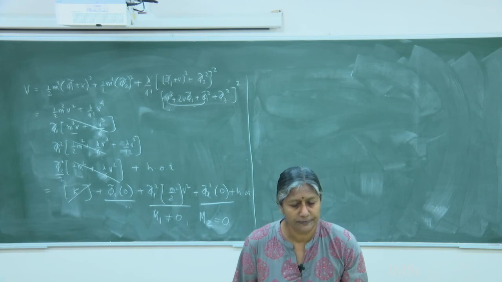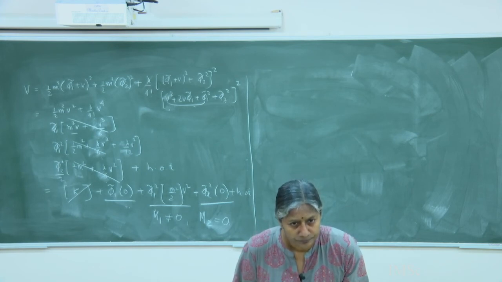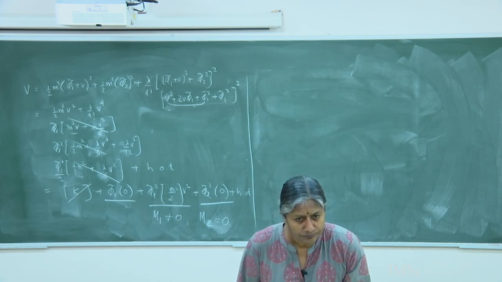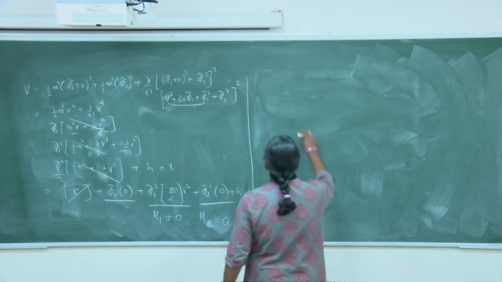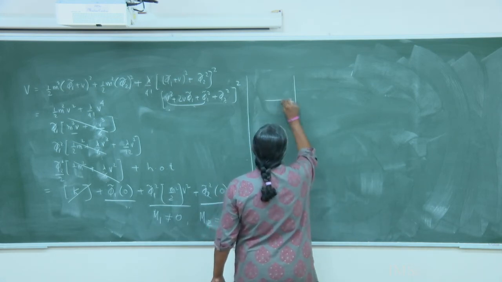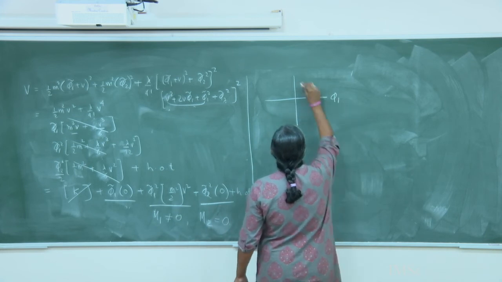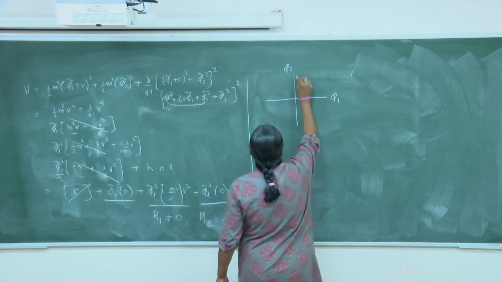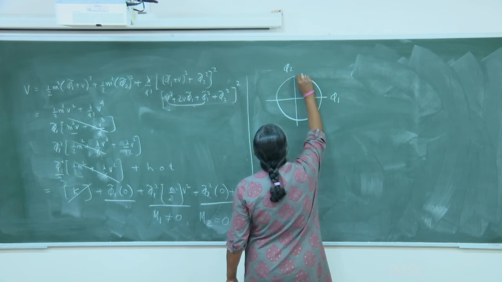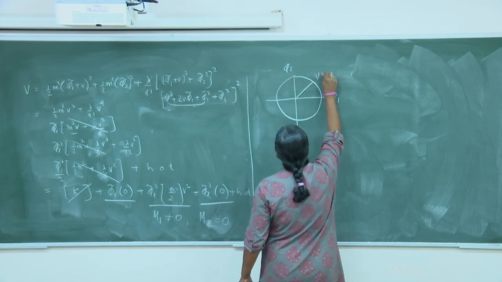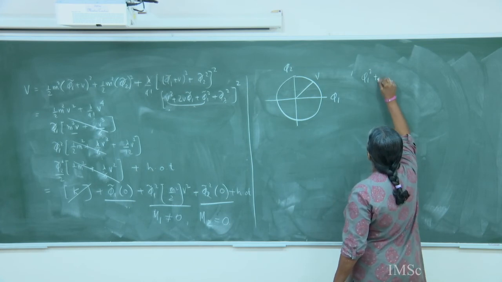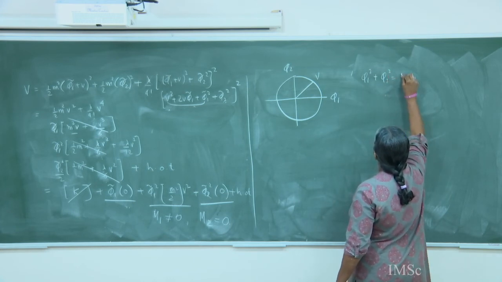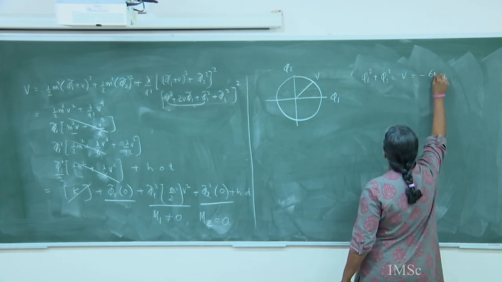Ask the question. Ma'am, I am still not able to get the point that you are talking about, that continuous symmetry is broken here. So let me write it in a different way. Here is my phi 1, phi 2 field. This is a circle of radius v. That means phi 1 squared plus phi 2 squared is equal to v squared, which was, you remember, minus m squared by lambda, right?